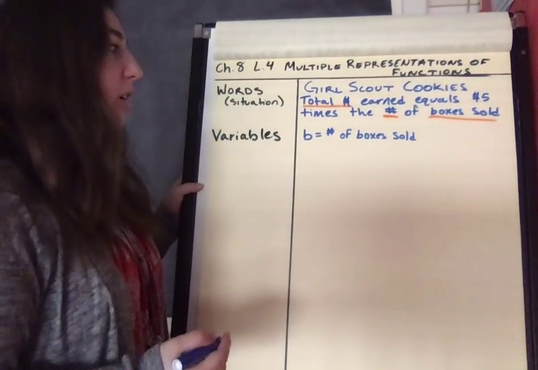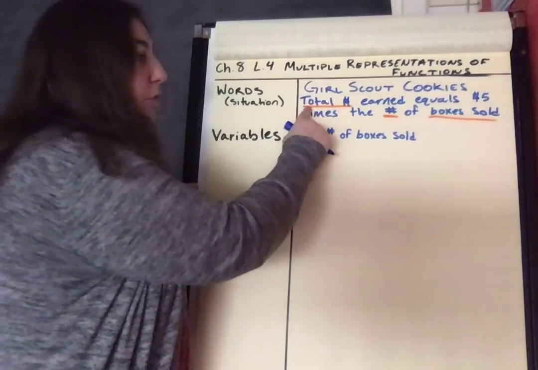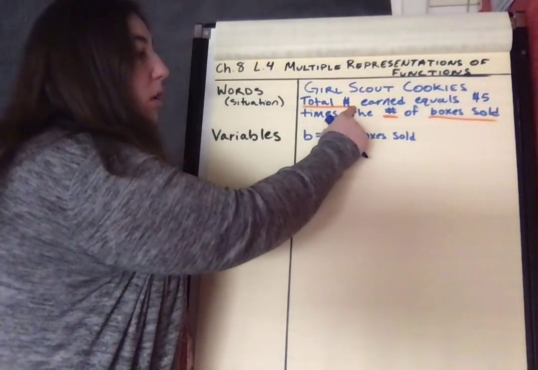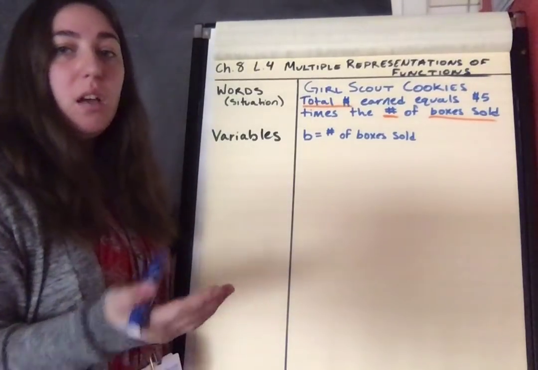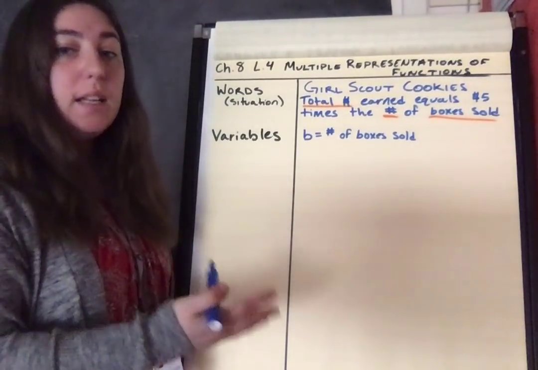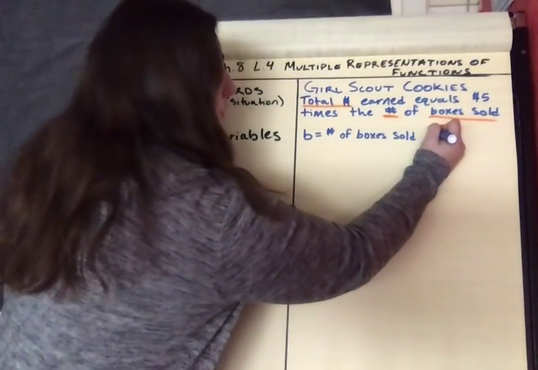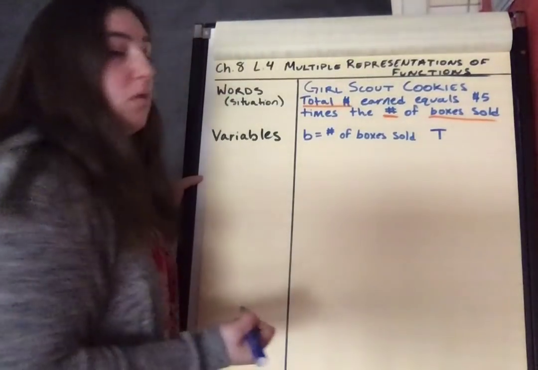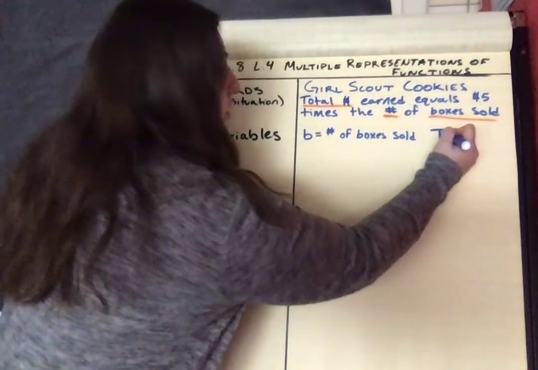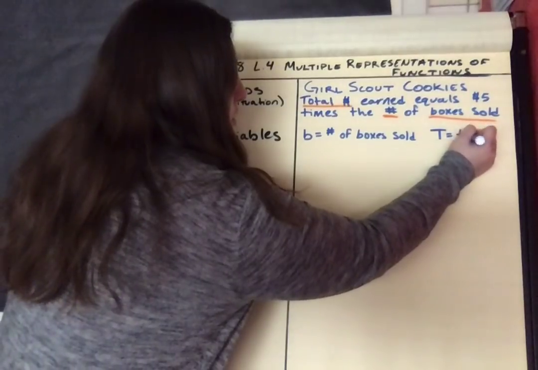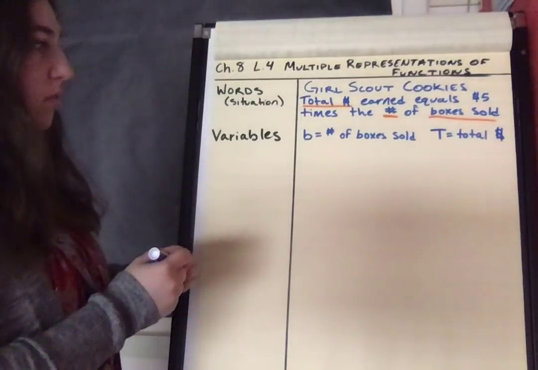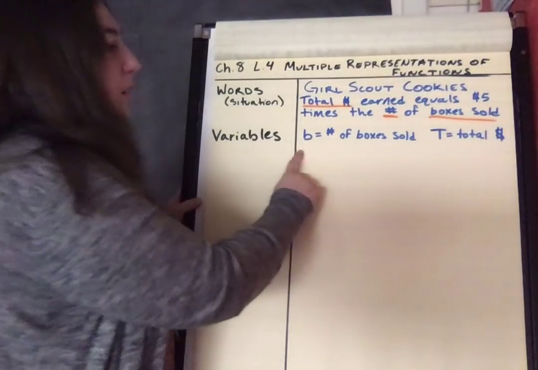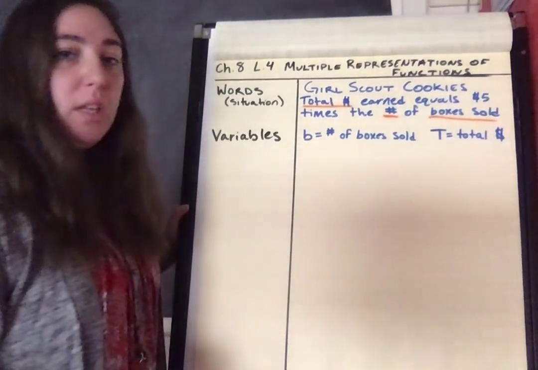Okay, now we are going to pick a letter for total amount of money earned. So for the total, I'm just going to pick T, but you could have, again, picked any letter. So T equals total money. So these are my 2 variables that I'm going to be using.